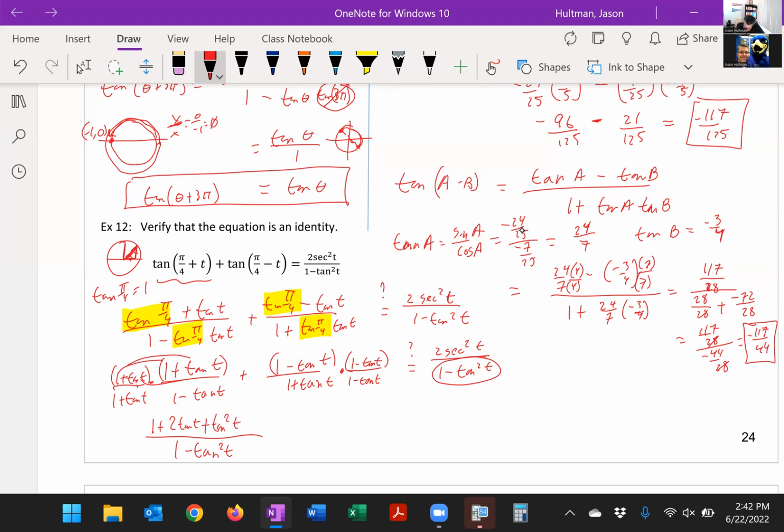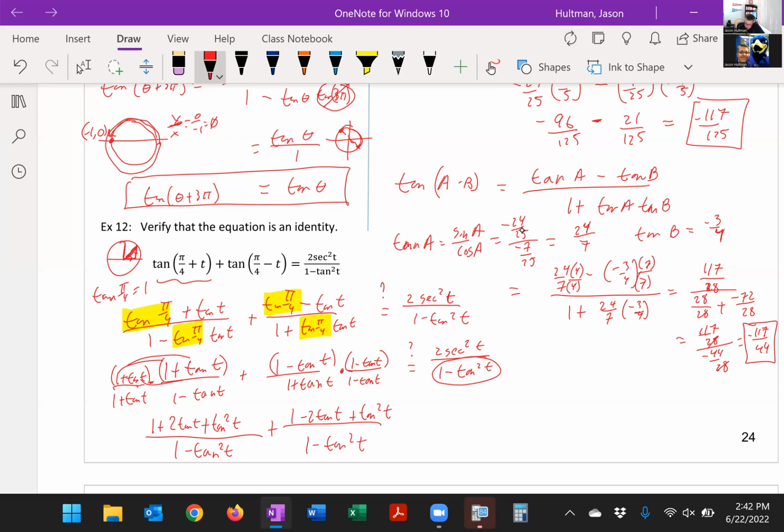Okay, and then the other one here, I'm going to continue it along. This is going to be plus 1 minus 2 tangent t plus tangent squared t all over 1 minus tangent squared t.